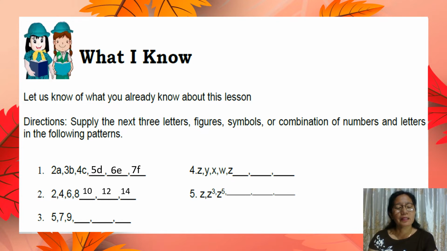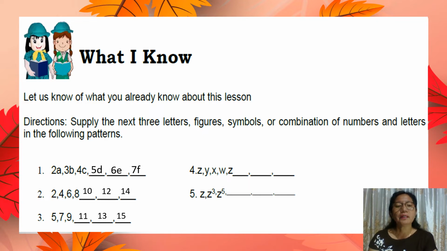Number 3 is the same. The numbers are in ascending order and it also increased by 2. 5 plus 2 is 7, 7 plus 2 is 9, 9 plus 2 is 11, 11 plus 2 is 13, 13 plus 2 is 15.